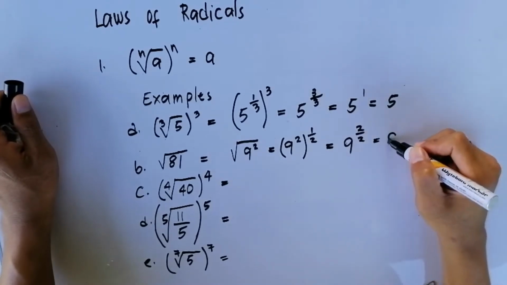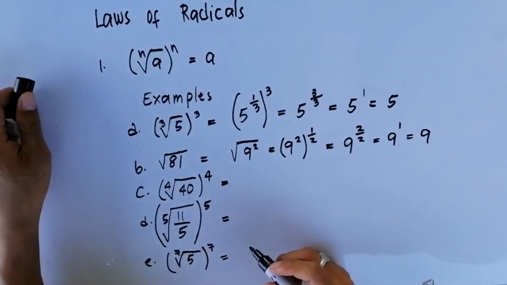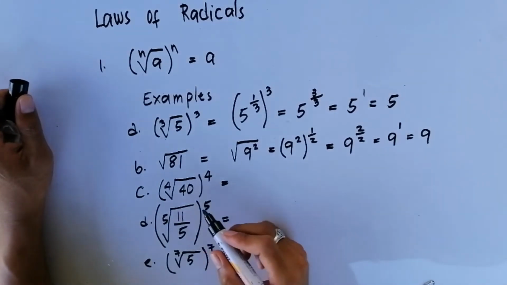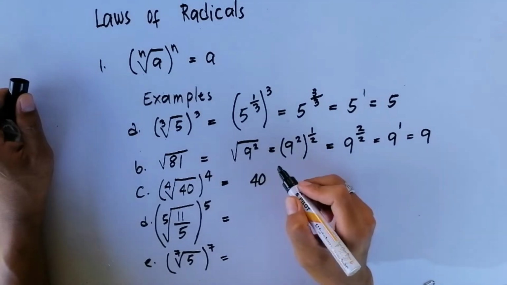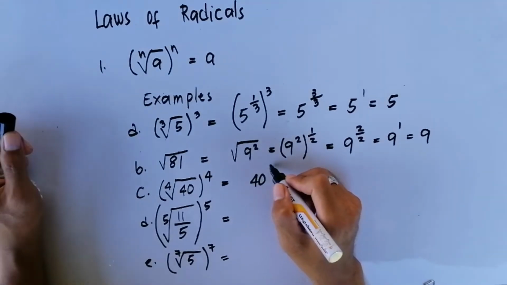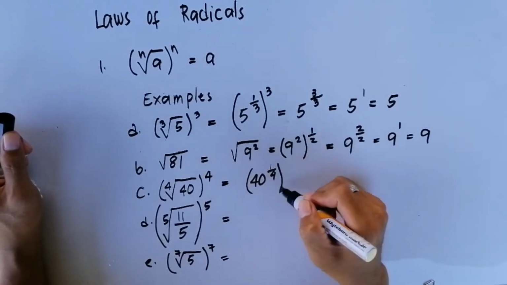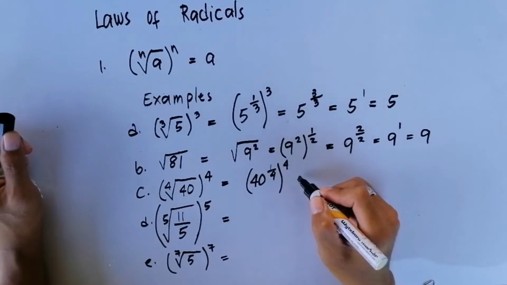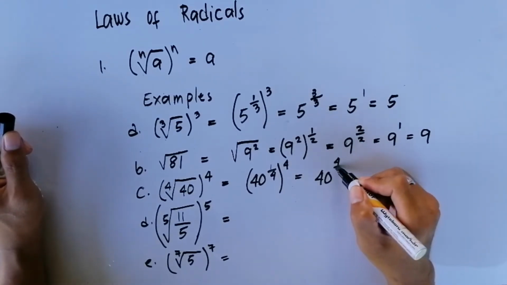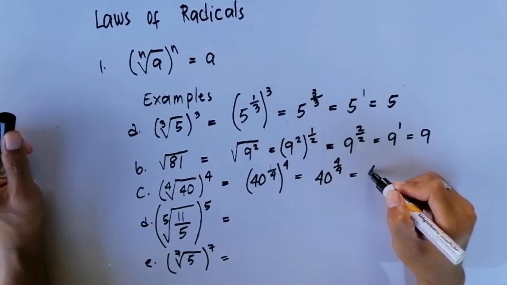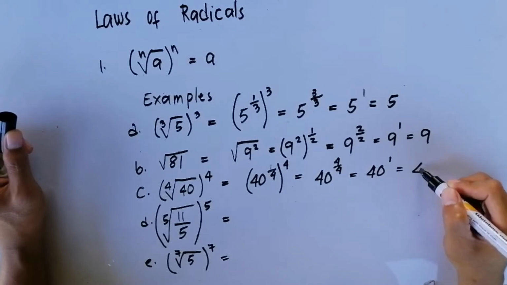So that is equal to 9 raised to 1, or simply 9. For C, we have 40 raised to 1/4 raised to 4. So that is 40 raised to 4 over 4, equal to 40 raised to 1, or simply 40.